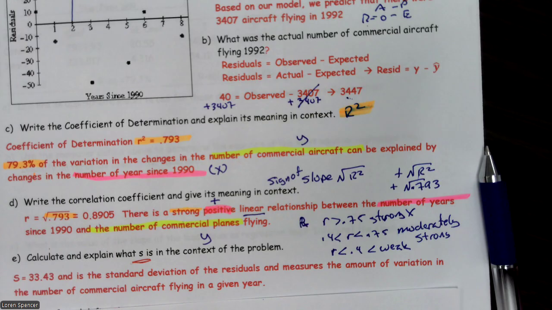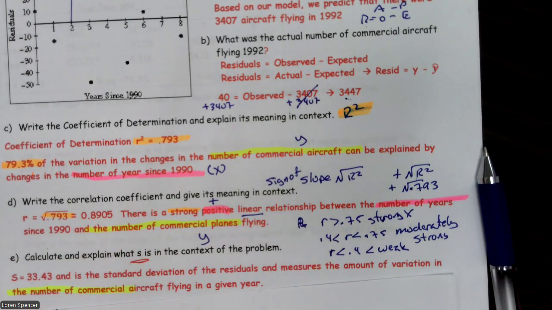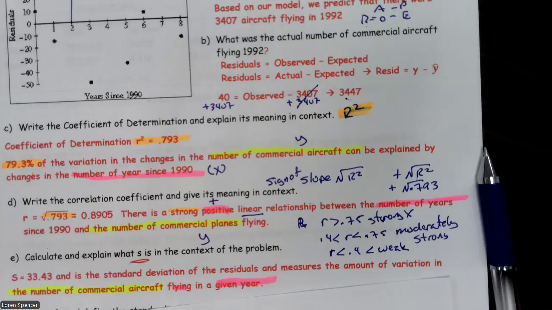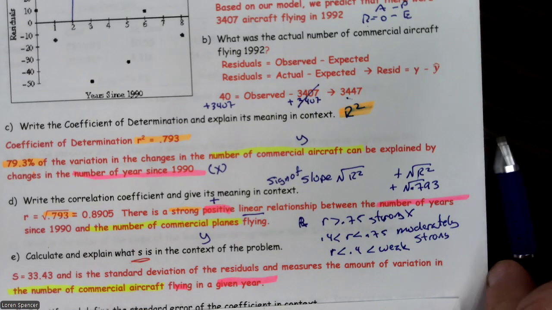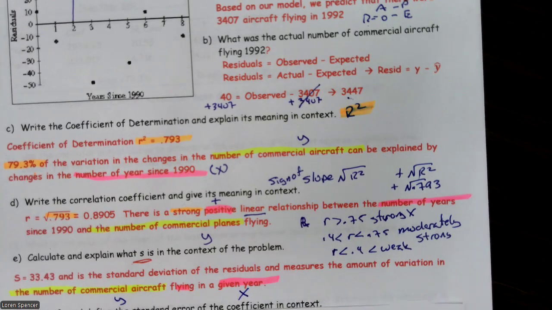So, number of commercial aircraft, there's my Y, and here's my X. So once again, we're going back to that Y and X. I apologize that one of them is not fixed.